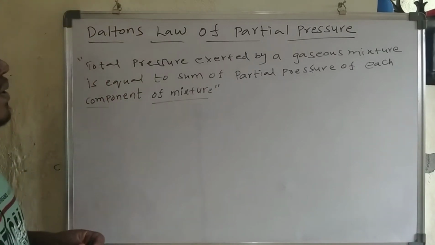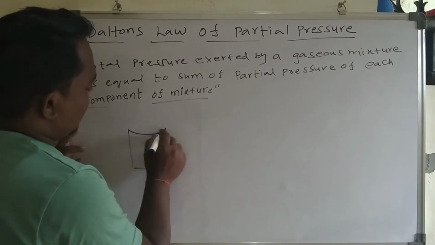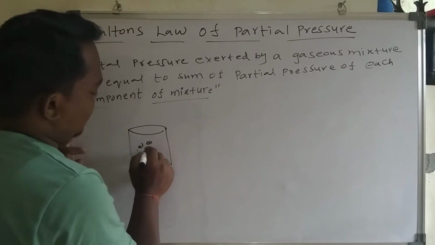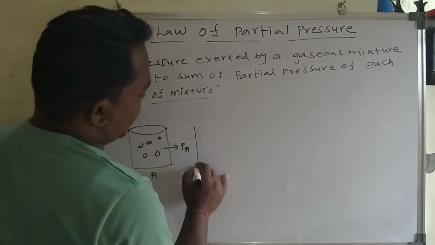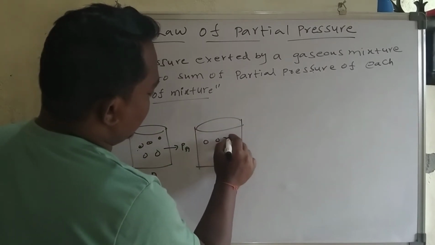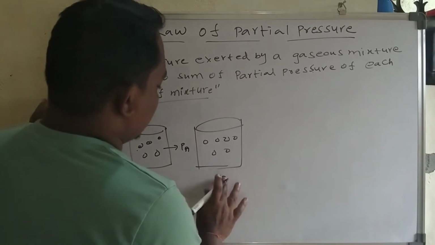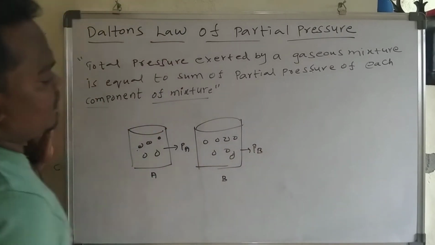So let me go with, I have here gas A having pressure PA at room temperature. It is also having another gas, gas B, which is having pressure PB.